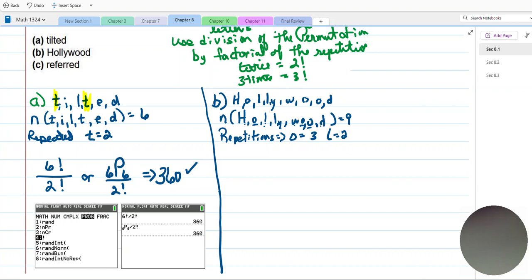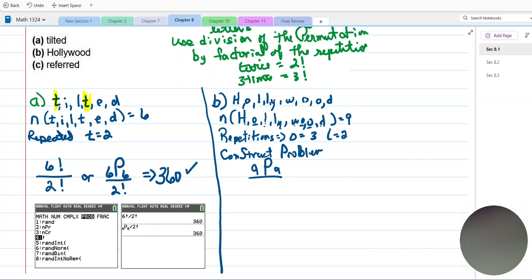Okay. So now we're going to construct our problem. All right. So we know we have 9 permutations of 9 over.